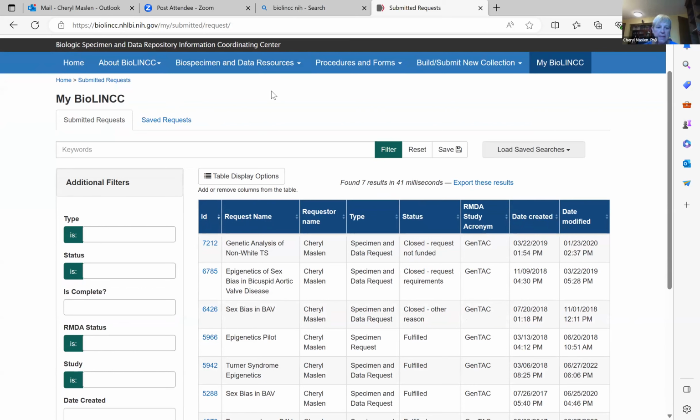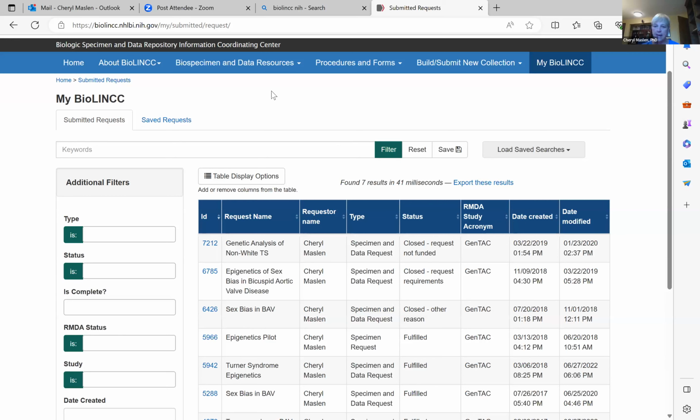It's important to recognize that this will take some time. So you want to time it appropriately. If you want a letter from BioLINCC to support a grant application, then what you really need to do is get this process started about 4 weeks in advance so that they can work through it, do the analysis of their own data collection, so that they can determine whether or not the appropriate samples and the appropriate numbers are available there for you.